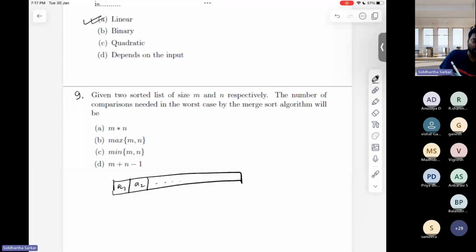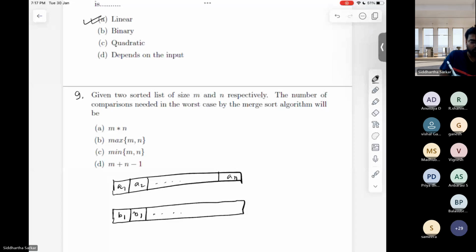One has N numbers and the other has M numbers. Okay, but they're sorted. Okay, so Ai is smaller than Ai plus 1, or rather Aj for all j greater than i.